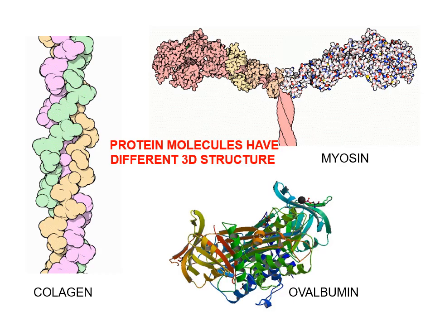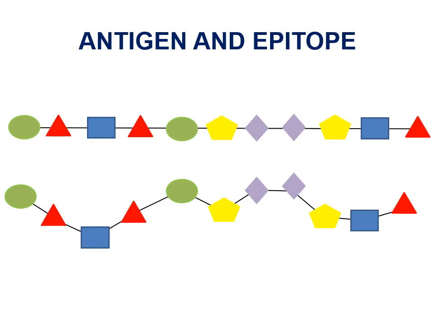Again, we can see collagen, myosin, ovalbumin, and here what is antigen and epitope. Here we have the primary structure of some of the proteins, and here is something which recognizes the 3D structure of the protein.